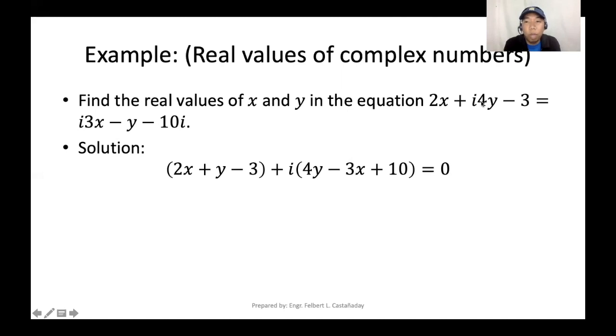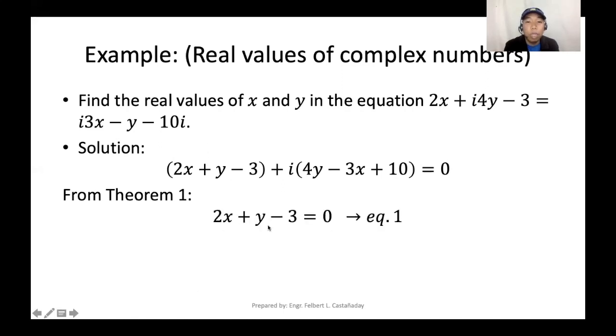So we have 4y, this becomes negative 3x, and then minus 10 becomes positive 10 because you transposed from right to left. And then we equate to 0. Now, remember in theorem number 1, if the complex number is equated to 0, then we can say that the real part is equal to 0.